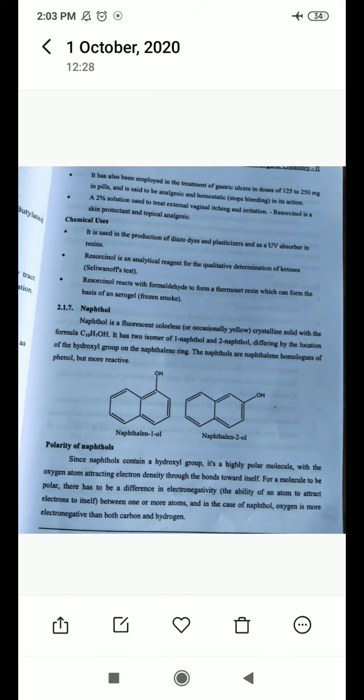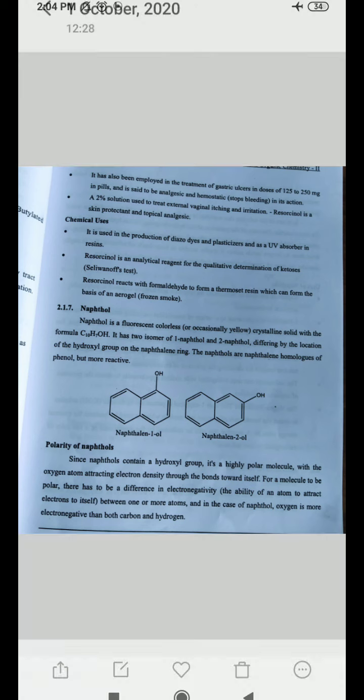The gastric layer is removed, so there is pain in the stomach and bleeding occurs. These symptoms are relieved by resorcinol. So resorcinol can be used as an analgesic, and another use is as a hemostatic, that is, it stops the bleeding.